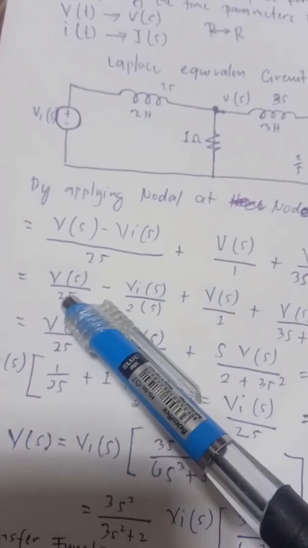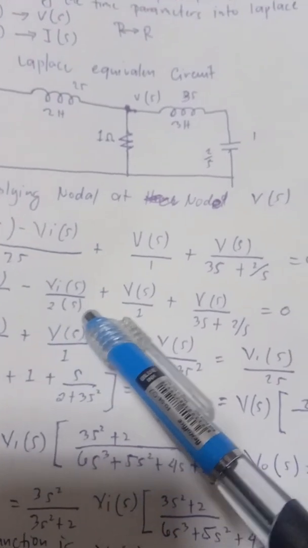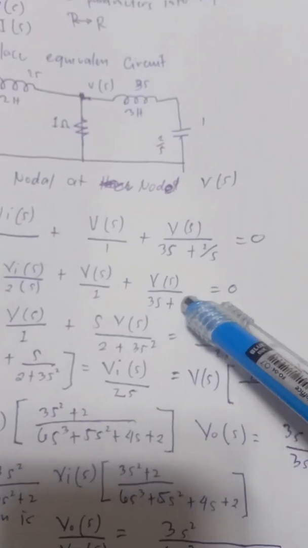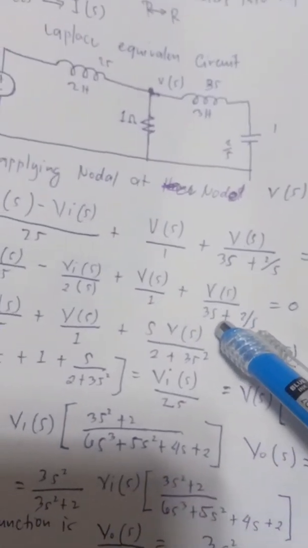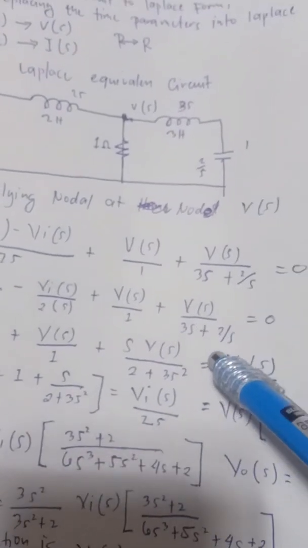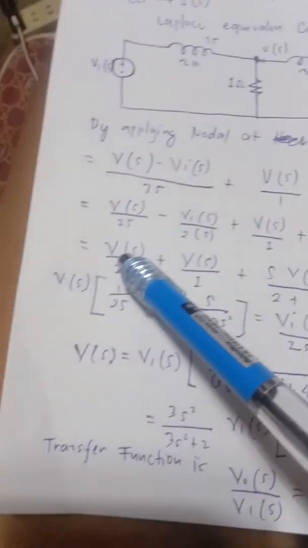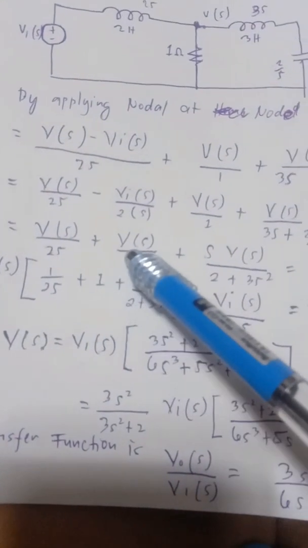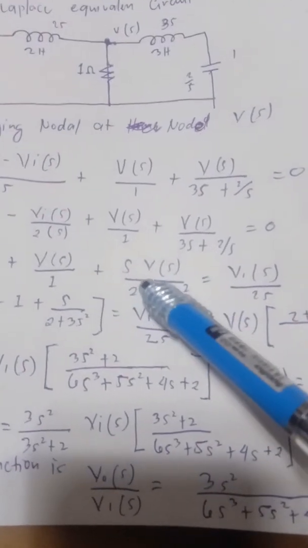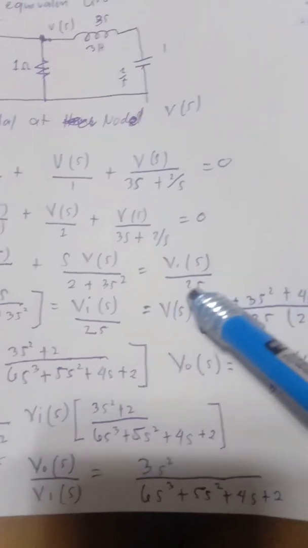Then V(s) over 2s plus V(s) plus V(s) over 1 plus s over 2 plus 3s squared equals Vi(s) over 2s.